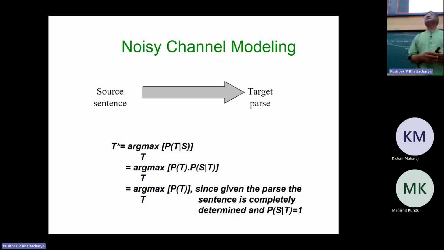Now, probabilistic parsing requires probabilities. The probability of the tree needs to be computed, and it needs to be defined before that. The probability of the tree is defined by means of domination.